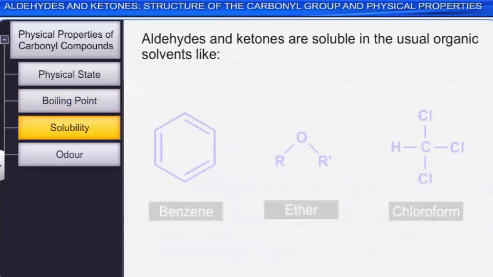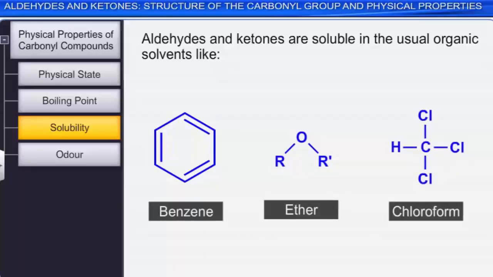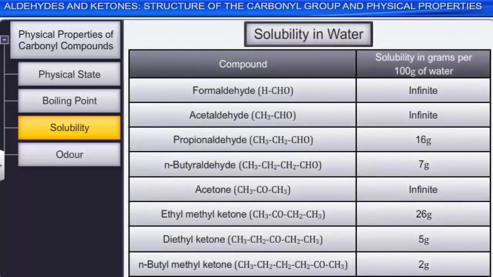Aldehydes and ketones are soluble in the usual organic solvents like benzene, ether, and chloroform. To know their solubility in water, refer to this table, which shows the solubility of a compound in grams per 100 grams of water.